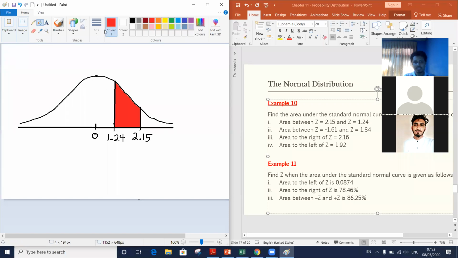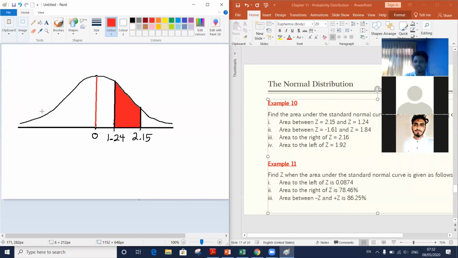It is divided symmetrically. So if I separate the distribution exactly from here into a left hand side and a right hand side, what is the area on the left hand side?